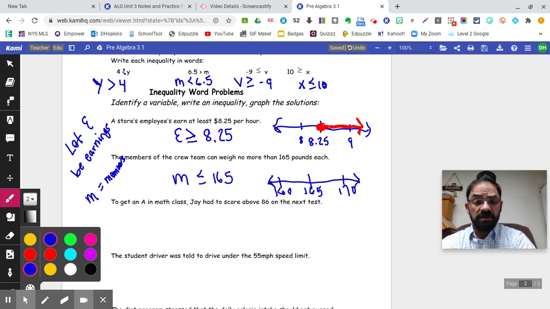Again, it's a closed circle because there's a chance it's equal to. It says no more than, meaning less than or equal to. Oops. The variable's on the left, so I should be shading this way.